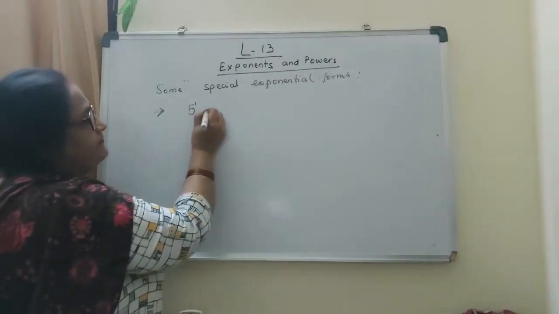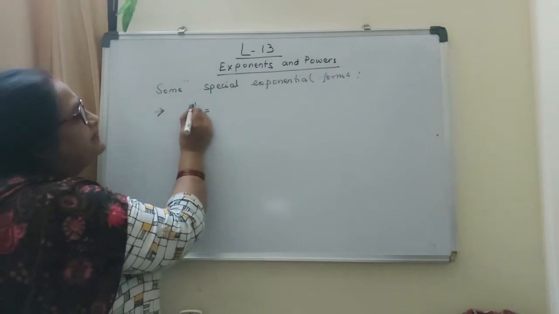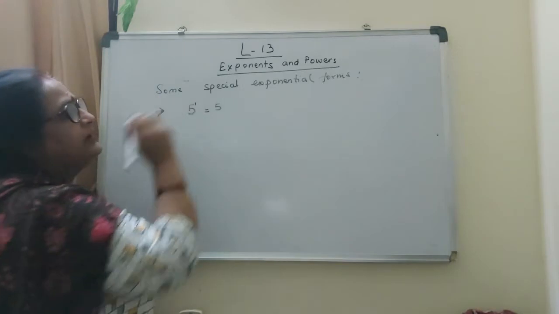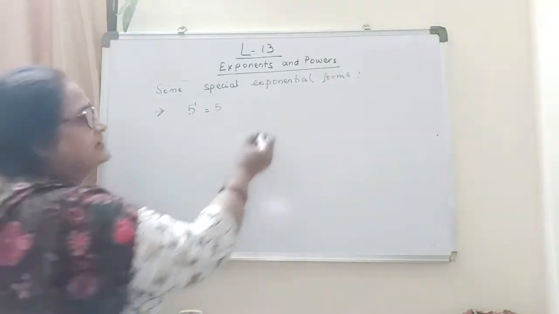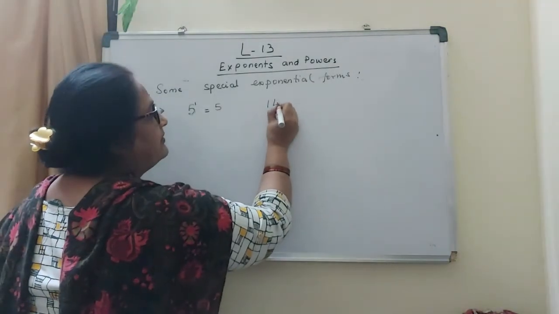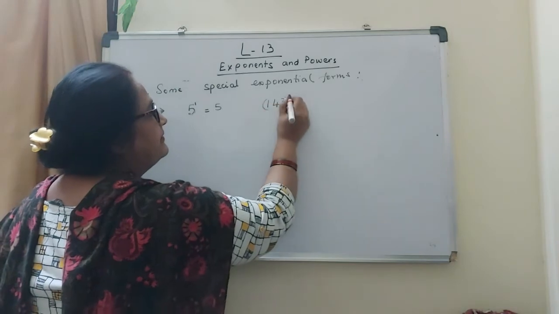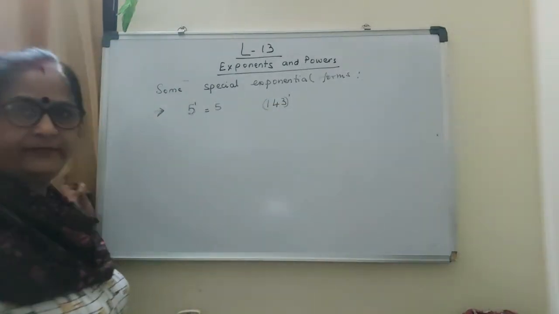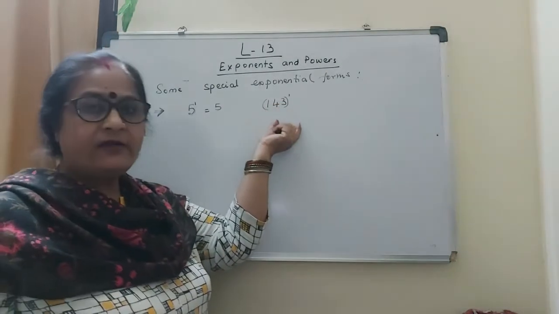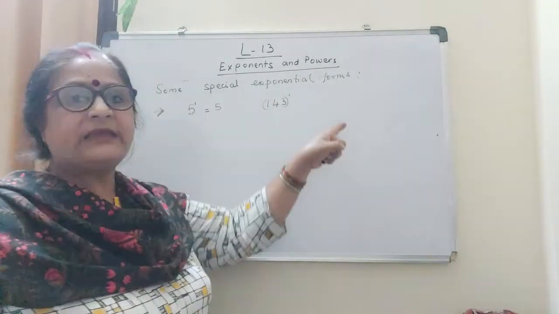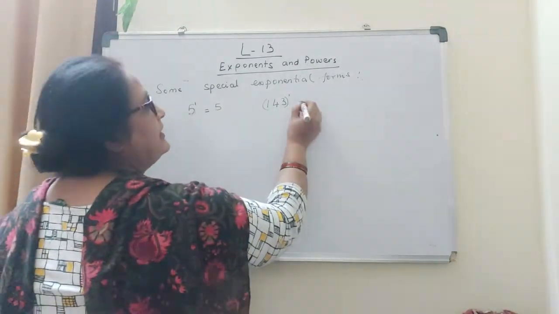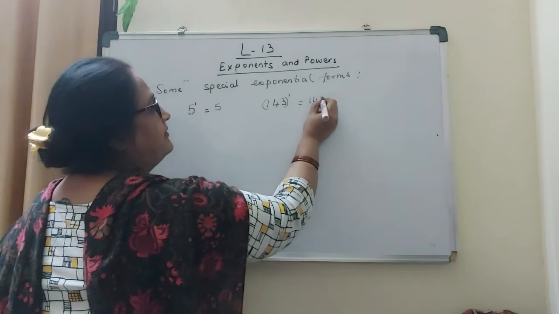Base here is 5. How many times have I multiplied 5? Only 1 time. Similarly, 143 raised to the power of 1 means 143 coming only 1 time. So 143.